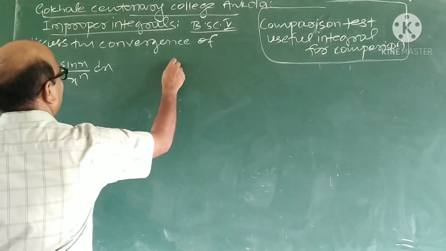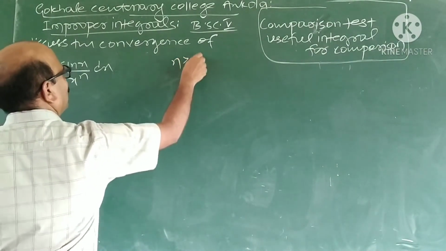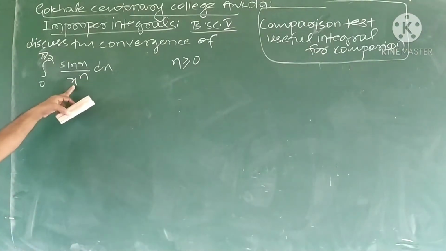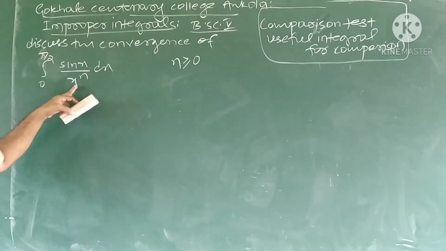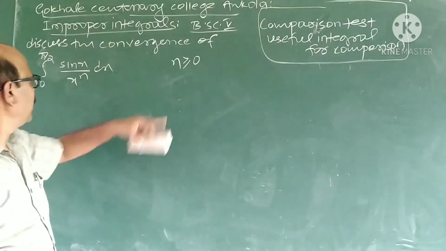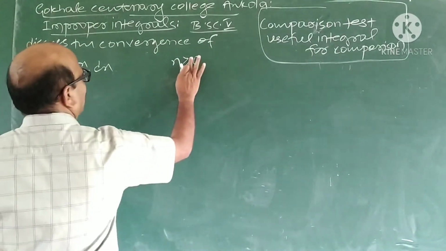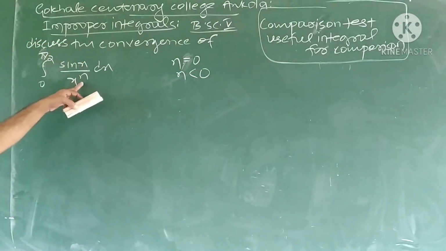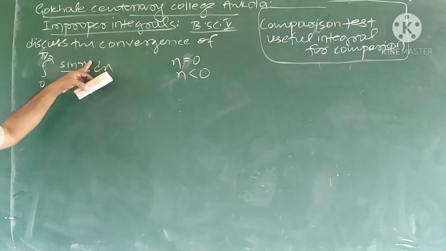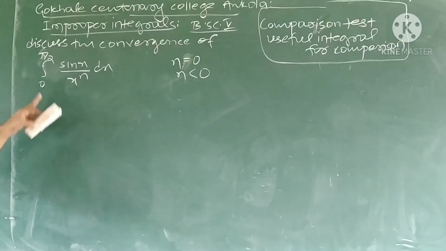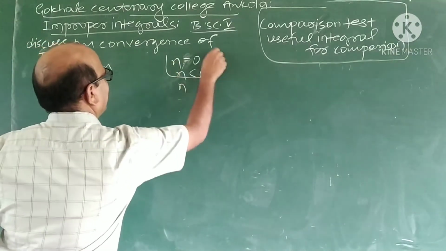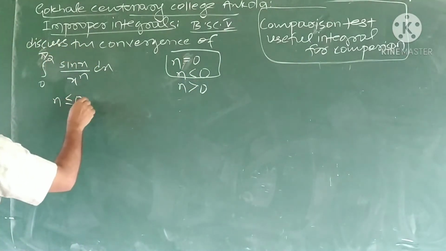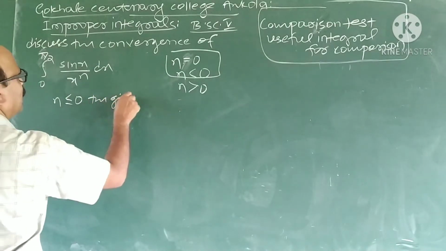Here, if n is greater than or equal to 0, x raised to 0 is 1, so it becomes proper. If n is less than 0, then this x raised to n goes to the numerator, so 0 is not a point of discontinuity. The problem arises only when n is greater than 0. Therefore, if n is less than or equal to 0, the given integral is proper.